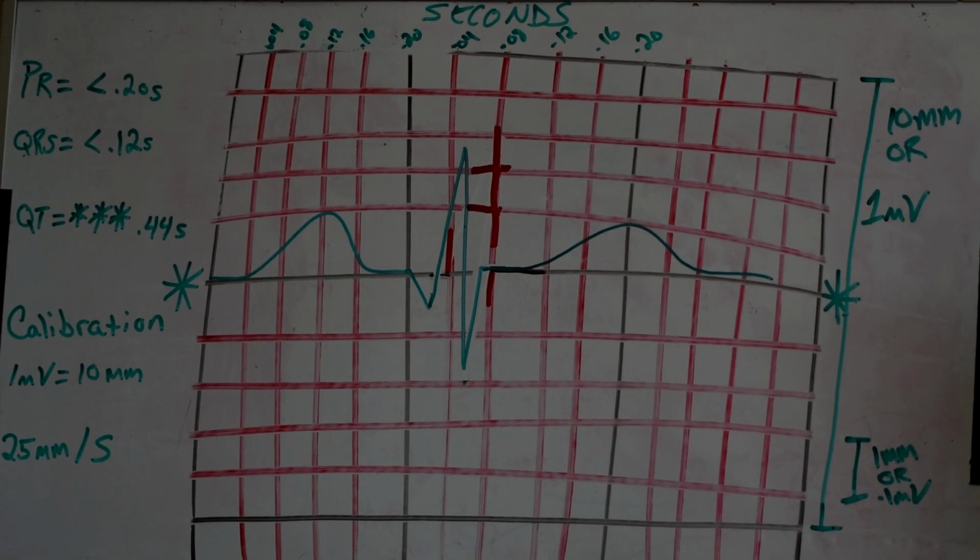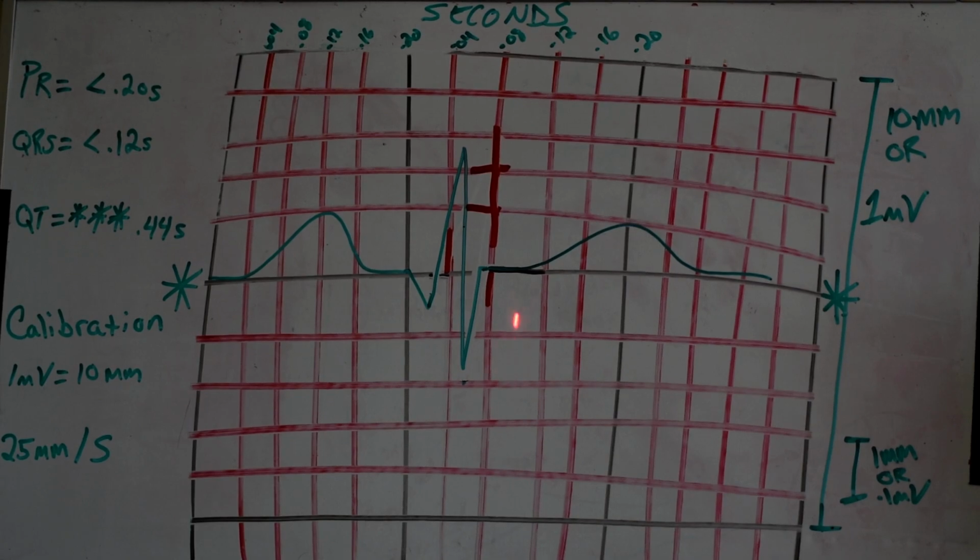But for this video, assume we're looking at just one lead, or in other words, one view of the heart. So your first wave would be your P wave, followed by your QRS complex, and then followed by a T wave. You'll notice some darker red on the board here. That's just because I messed up drawing. Don't take those as markers or measurements or anything like that.